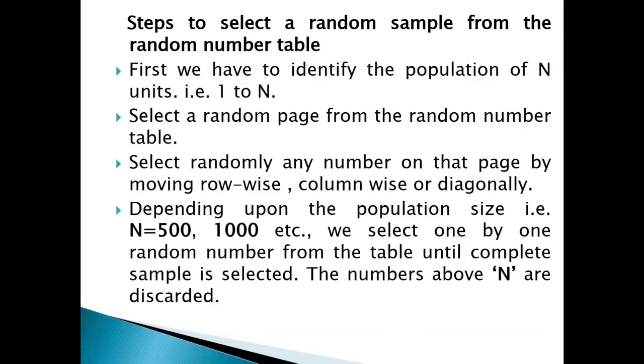Okay, so this is the first and foremost probability sampling method, simple random sampling, and it is the simplest. We just have to know how to draw a random sample from the random number table, and we can proceed row wise, column wise, as well as diagonally.